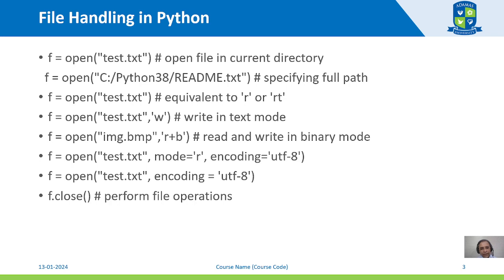Okay, binary mode means that is 0 and 1. Here we have given an example img.bmp, which is opened as R+B mode because the BMP file is bitmap, that is represented using the binary number.